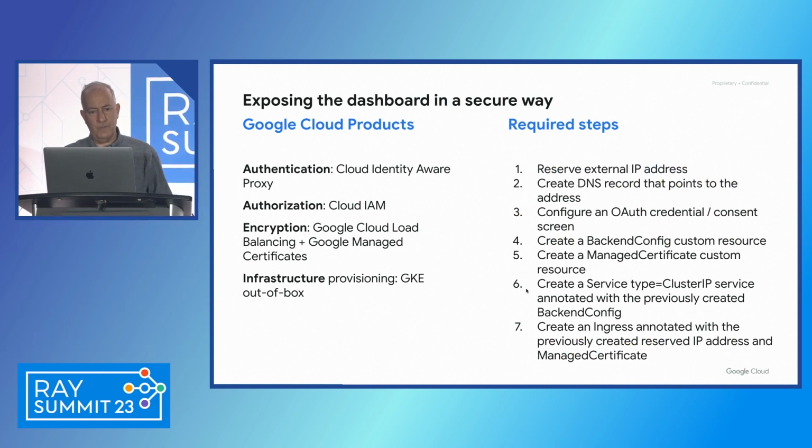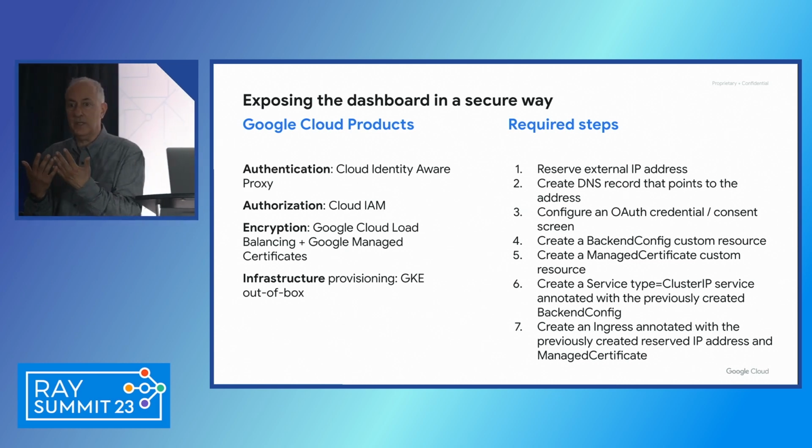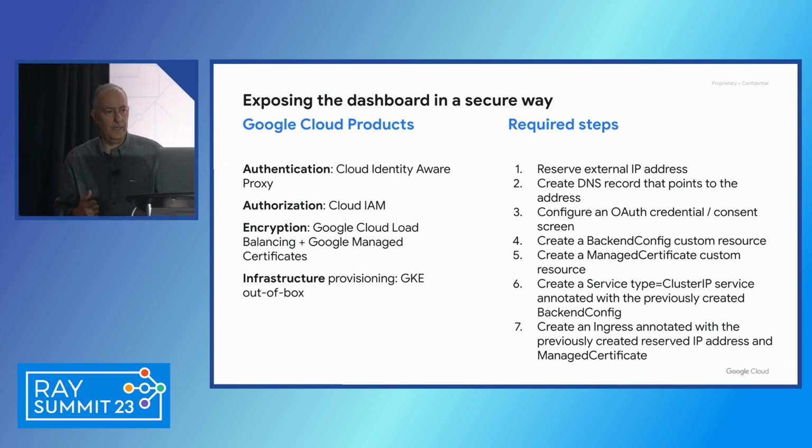And then you want to expose the dashboard in a secure way so that when you're monitoring the Ray cluster, you're not giving the IP addresses of all the Ray instances in your cluster to everyone in the world. So the Ray dashboard actually has to become private. It has to be secured.